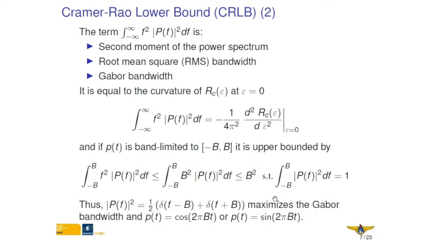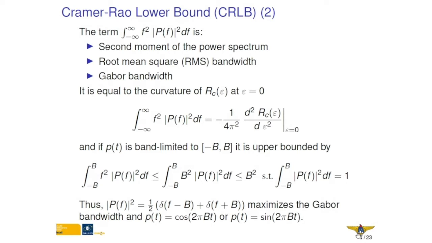In general, for higher bandwidth, we can estimate the time delay better. We have also seen that minimizing the Cramer-Rao lower bound, maximizing the Gabor bandwidth, and also maximizing the time concentration of the chip pulse shape are contradictory tasks. You cannot get it all.